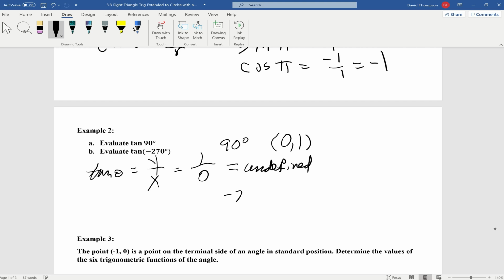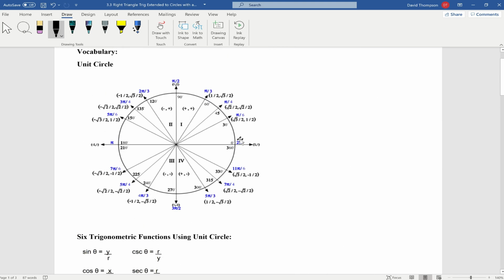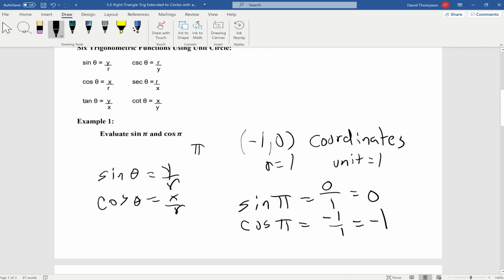Now let's look at -270. So 0, -90, -180, -270. That's the same thing as 90.